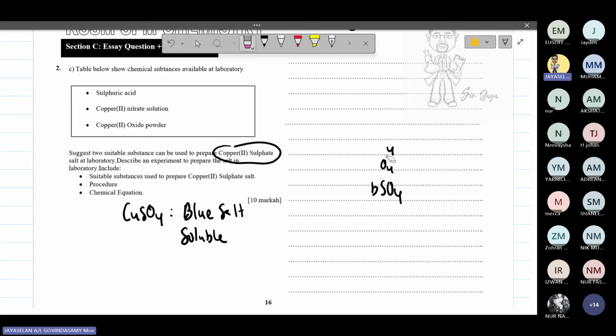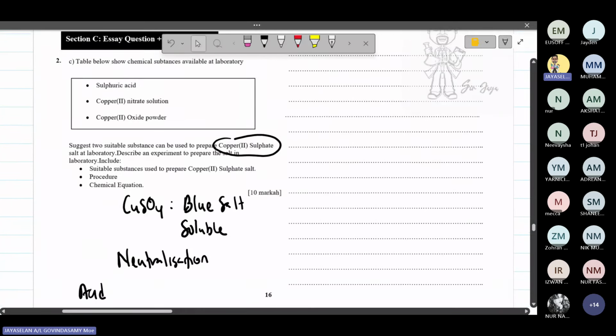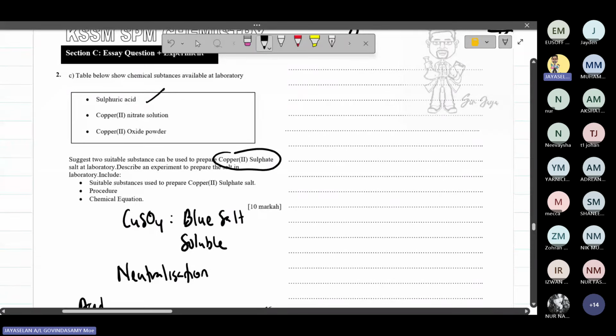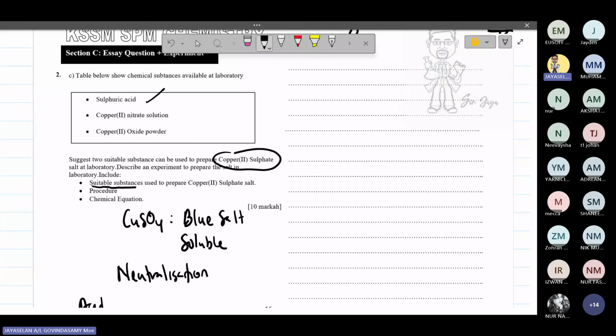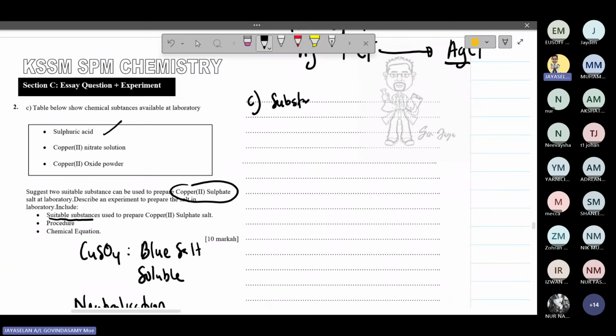Okay, so this one is soluble, right? You must prepare it through a neutralization reaction only. Nothing else is allowed. So you must have an acid. Which acid here? The question says suggest suitable substances. They deliberately give extra options, so you cannot suggest these. So the suitable substance is, first one, sulfuric acid.